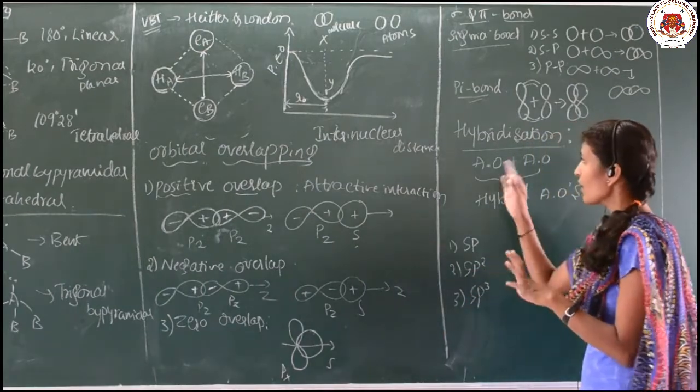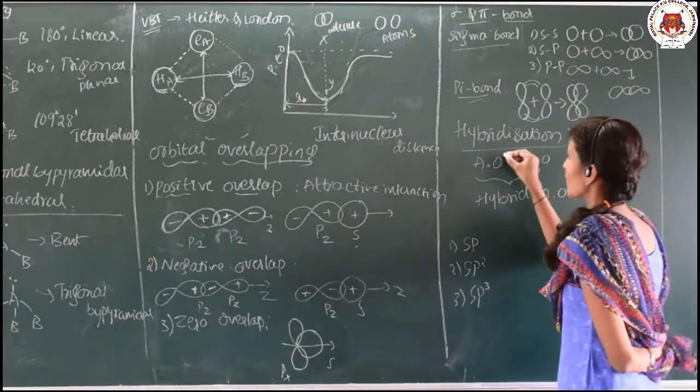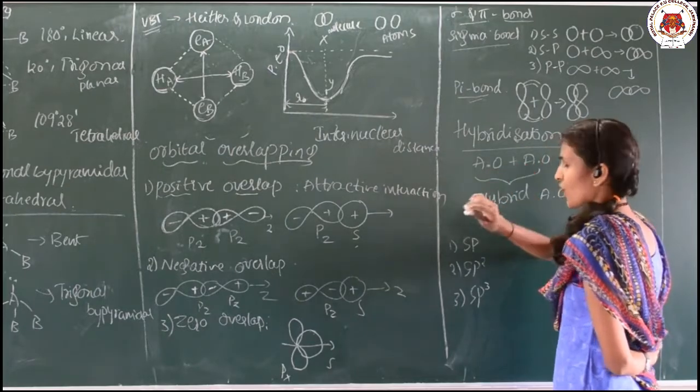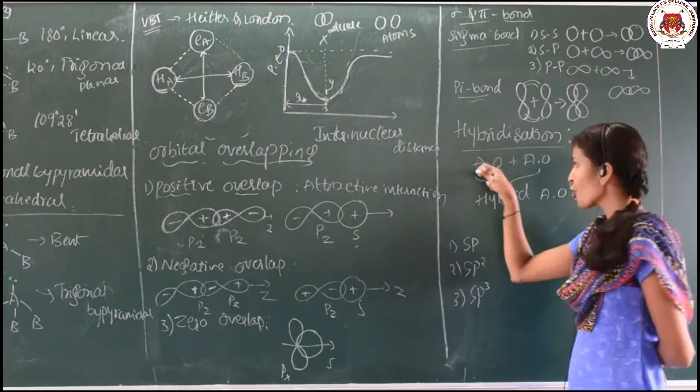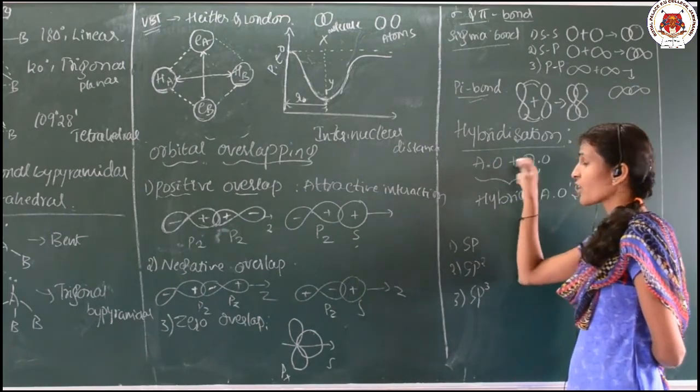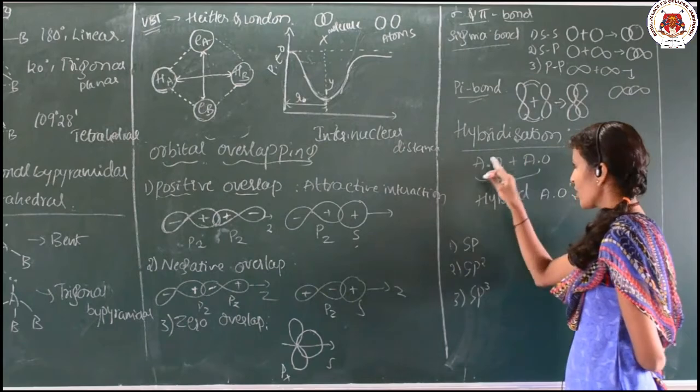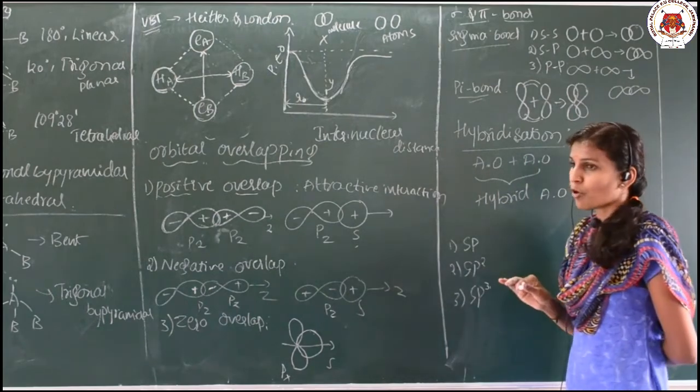Okay. See here, I will explain. Let us take these atomic orbitals, shortly written here, and these atomic orbitals slightly differ in their energies. The energy varies in these atomic orbitals.